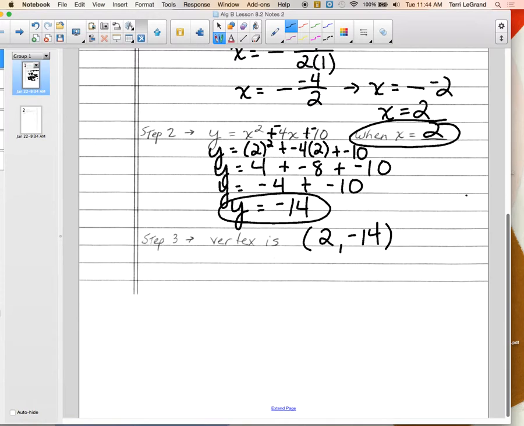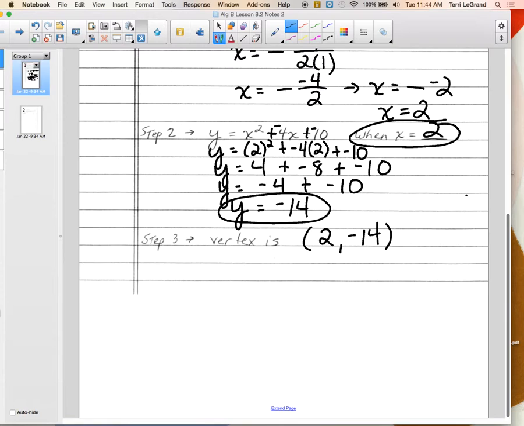What else do we know? It doesn't have a 0. How do we know that? Because the y value isn't 0. Okay, let's just get kind of a rough sketch of where we think this parabola is on the coordinate plane.